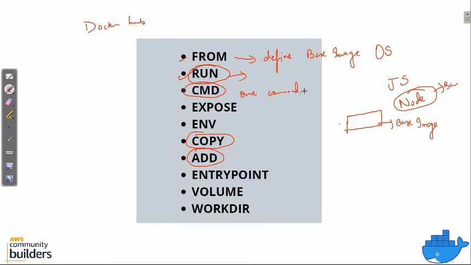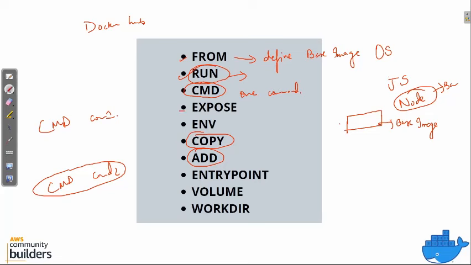Because it is getting overwritten. Even if you write CMD command 1, and then again in line 10 you write CMD command 2, only the final command will be executed when your container starts to run. That's why it is asked to have only one CMD command. I hope this is clear.